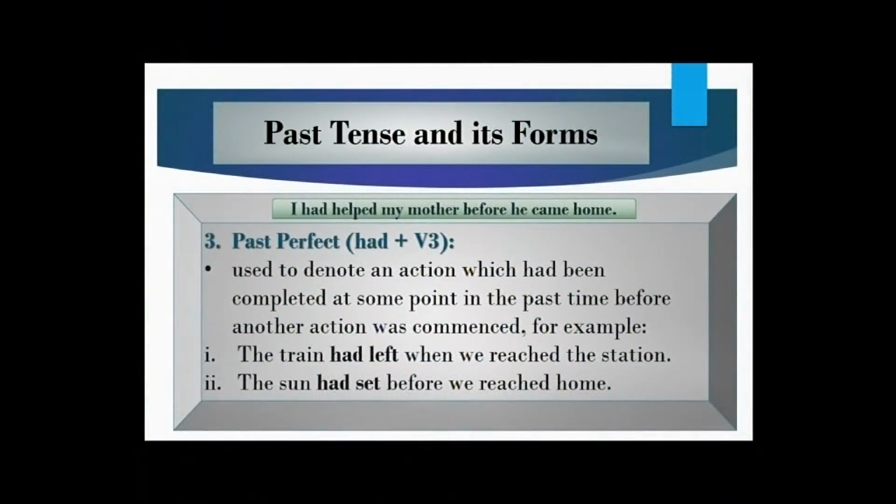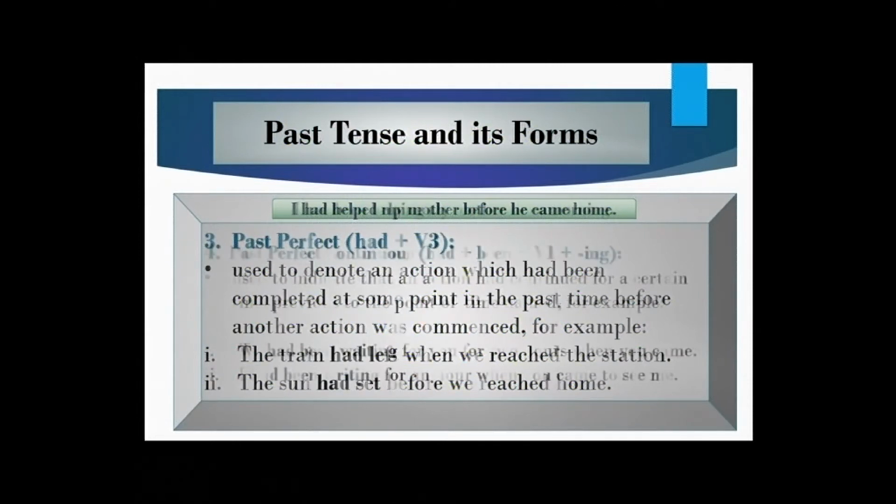So, the first work has been finished before the second work began, right? Next, the sun had set before we reached home. The sun had set, already set, before we reached home. So, this was past perfect.